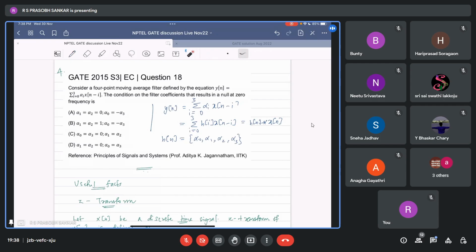That's it. So we have this 4-point moving average filter, that is a linear time invariant system. This is the input output relation given in the question.